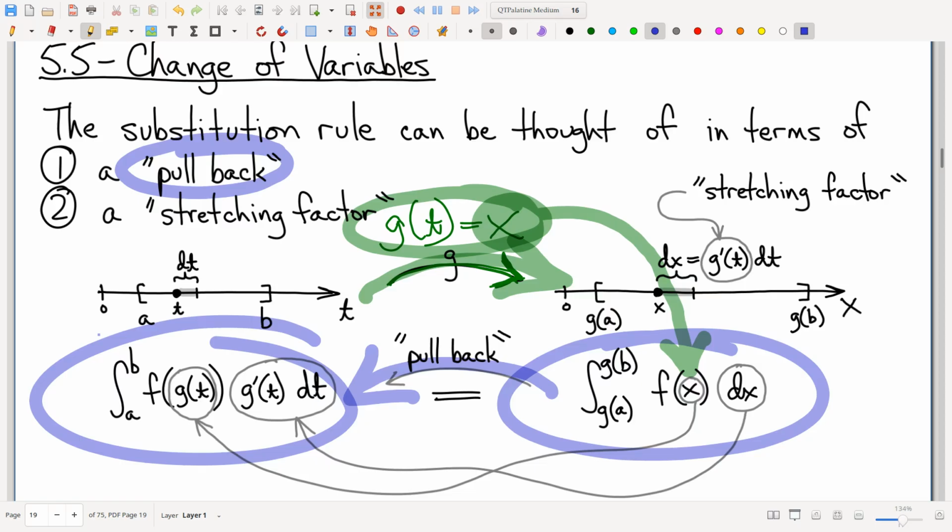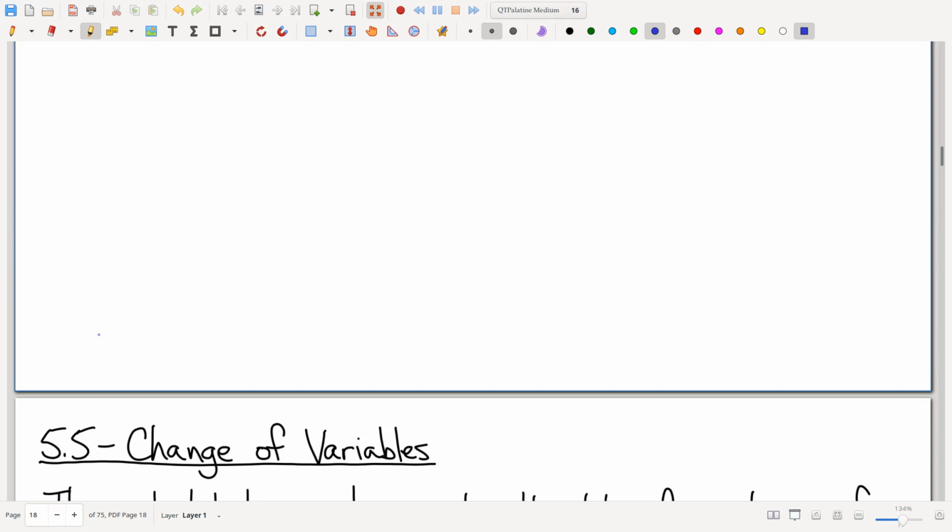Just for possible clarity, here is a simpler example. Forget about integrals. Let's just talk about regular old functions. And let's suppose I say x is t squared. Okay, well, what can I say about e to the power of square root of t?